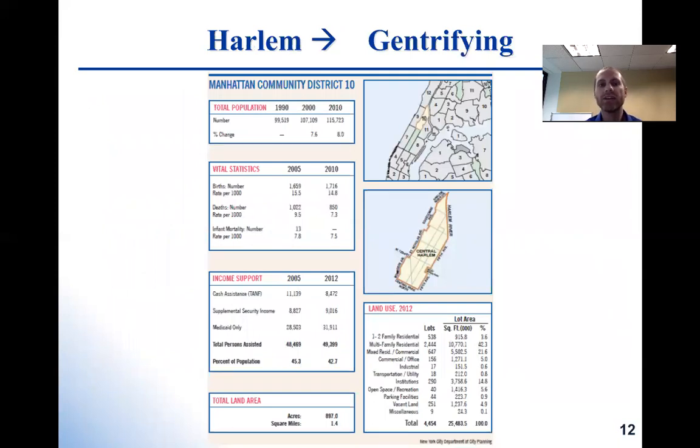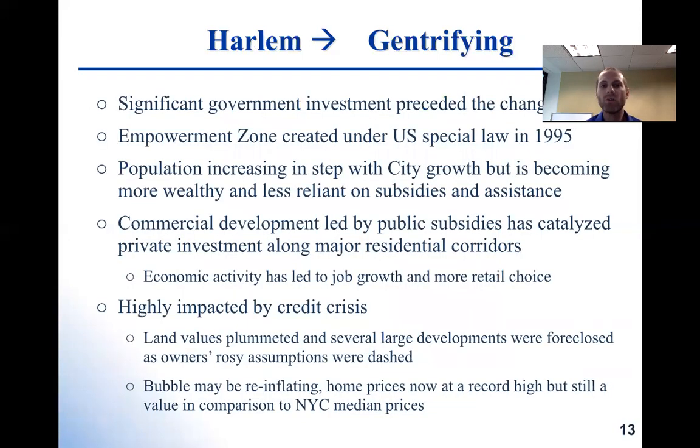So for our other case, other neighborhood is Harlem. Here is the number 10 on the tract. It's literally right next door to Chelsea, and tract number 4 there. So part of the reason why Harlem has seen rapid gentrification or rapid neighborhood change is due primarily to government investments.